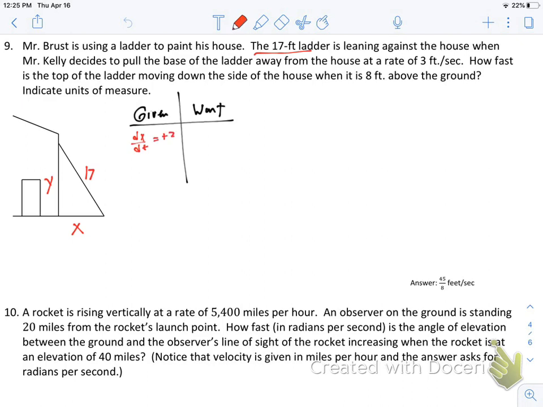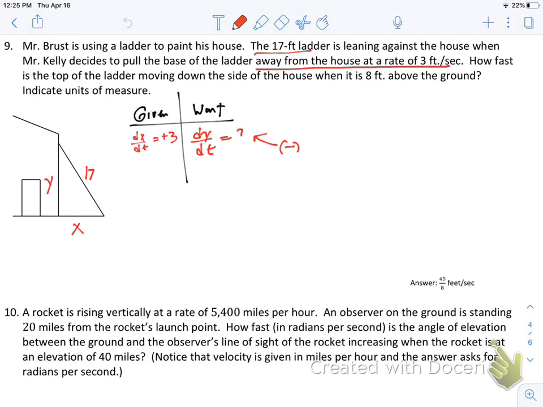What do you know? If I go into the problem, they say the ladder's pulling away from the wall at 3 feet per second. If you think about it, that would be making that x, as I've labeled it, get bigger. So that's a positive 3. And then it says find how fast it's sliding down the wall. That sliding down the wall I know is going to be negative.